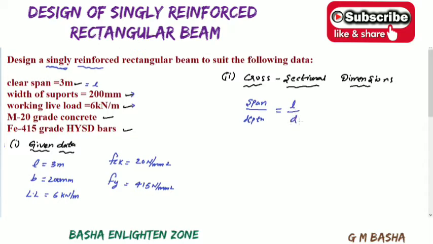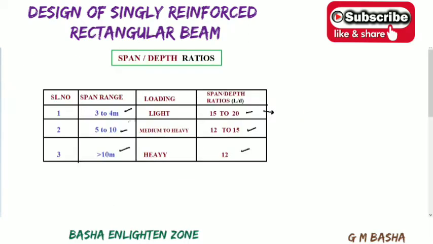For these types of beams, I will give you some note points. See here the span to depth ratios. For example, if your span range is 3 to 4 meters, you can select span to depth ratio of 15 to 20. In the same way, if your span range is 5 to 10 meters, you can select span to depth ratio of 12 to 15. And if your span is greater than 10 meters, you can select L by d ratio equal to 12.